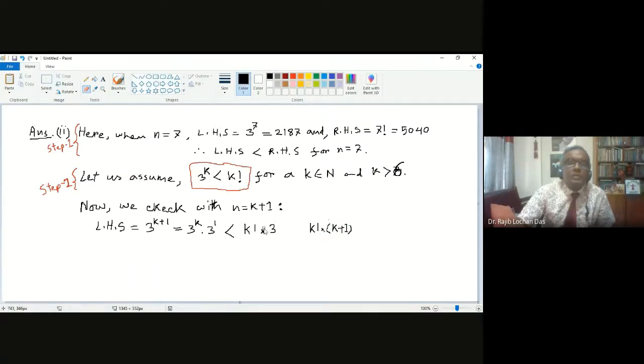So every time k plus 1 will be bigger, so we can write this is bigger again. Is that okay? Now what is the next step? For the right side, you can write k factorial into k plus 1.